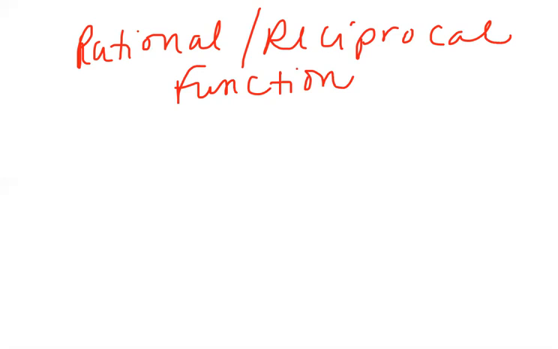And the reciprocal or rational function, these are the functions with a variable in the denominator. Functions such as f of x is equal to 1 over x. And the minute you see that variable in the denominator, guys, your thought should be, what value will make the denominator 0?